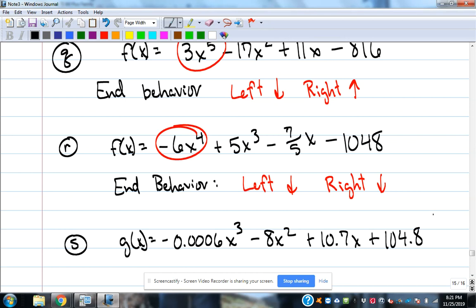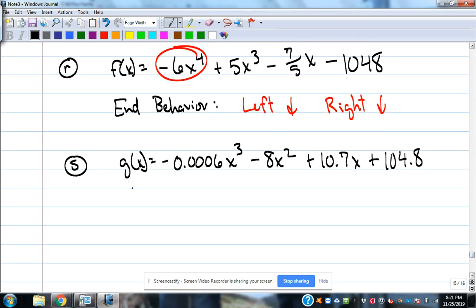We don't see them like that. But bigger picture, if we're just talking end behavior, which is what we're doing here, what's the degree? Odd. So we know that they're both going to go in opposite directions. What kind of leading coefficient do we have? Negative. So what's the left side doing? Up. Right side, down.